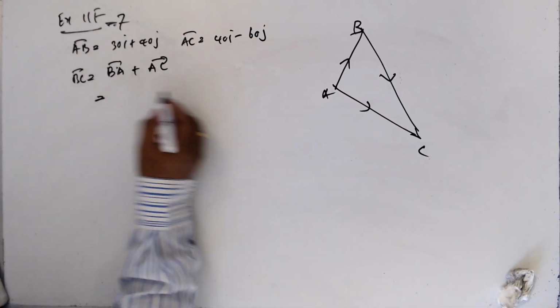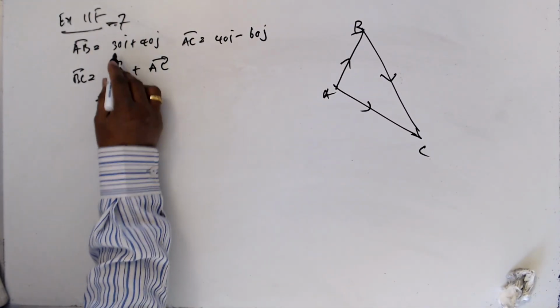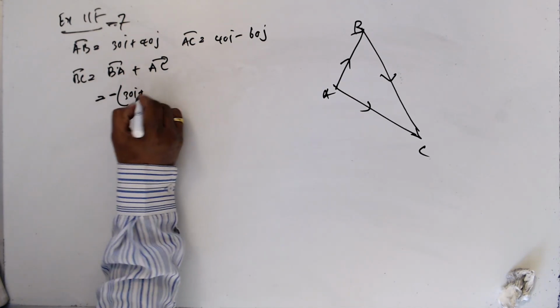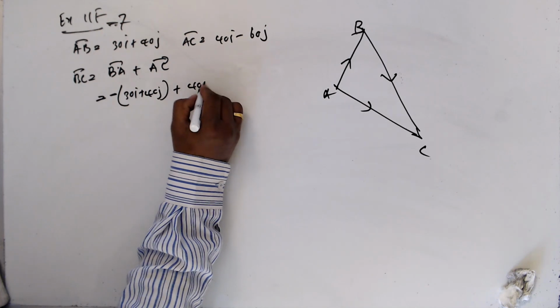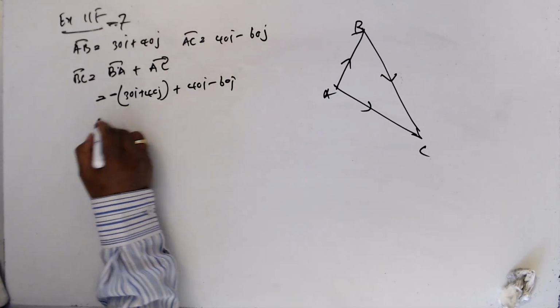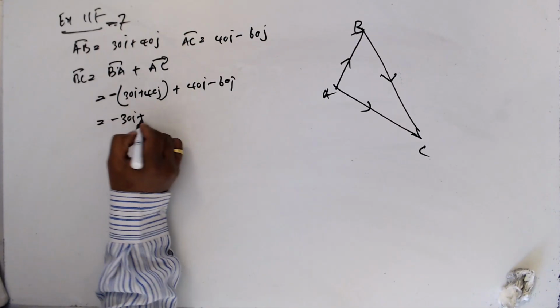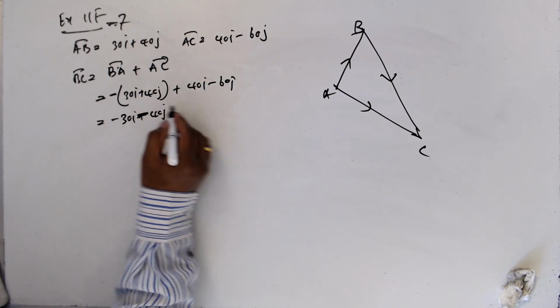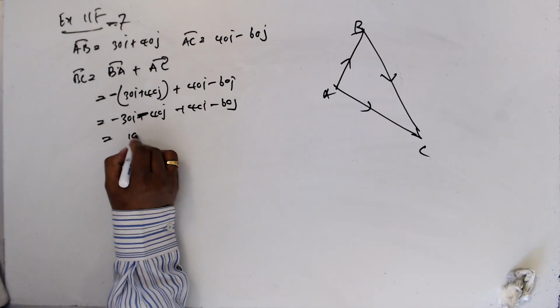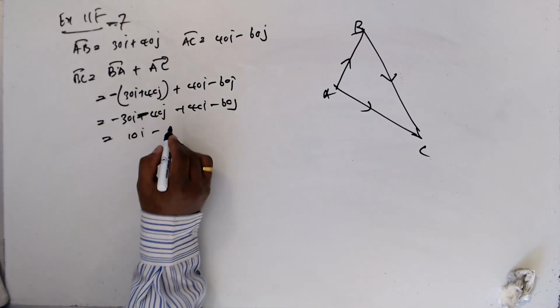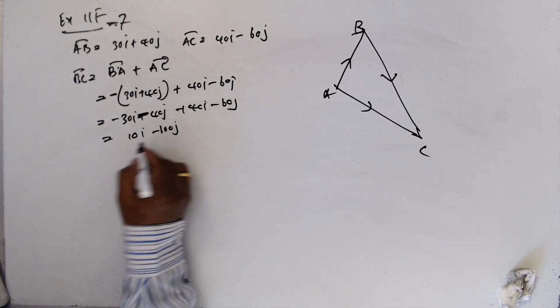So BA means minus 30i plus 40j, plus AC, which is 40i minus 60j. So minus 30i minus 40j plus 40i minus 60j. So 10i minus 100j.